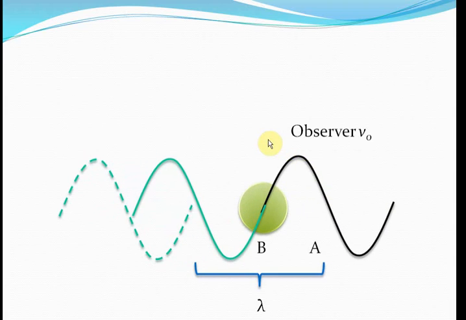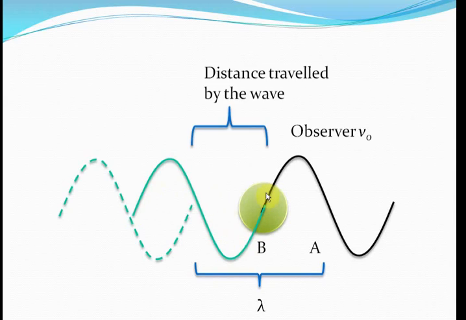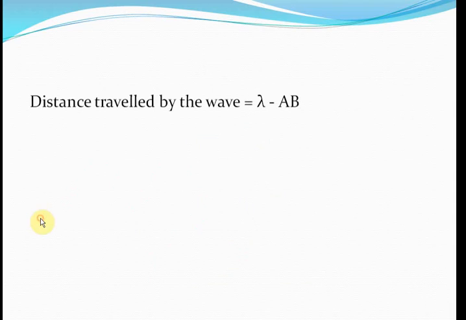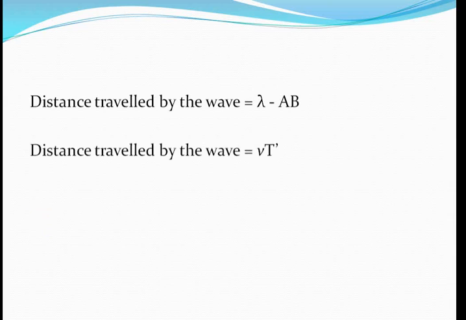You can clearly see that the net distance moved by the green wave in this case is lambda minus AB. Lambda minus AB is the net distance traveled by the wave. However, we already know that the distance traveled by the green wave is also equal to the speed of the green wave into time t dash.